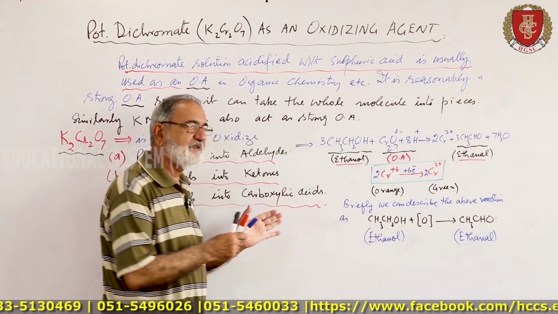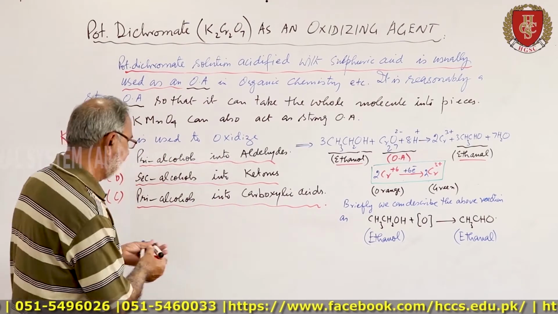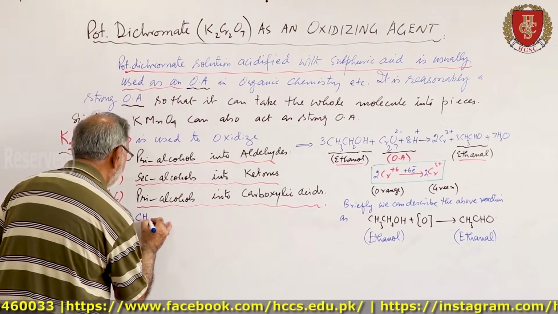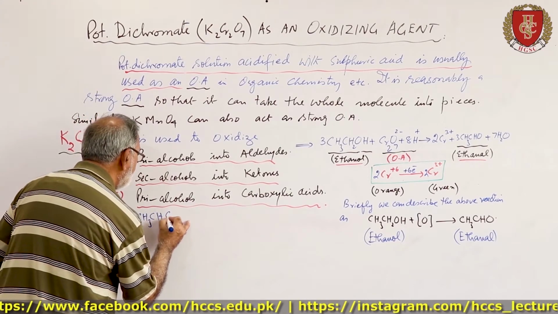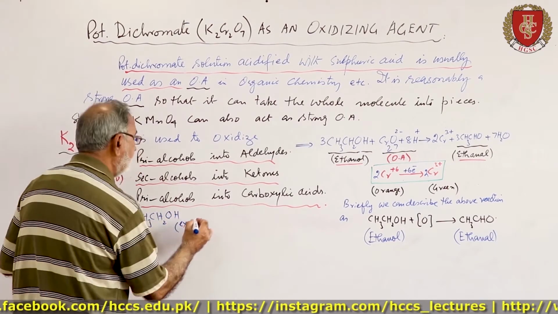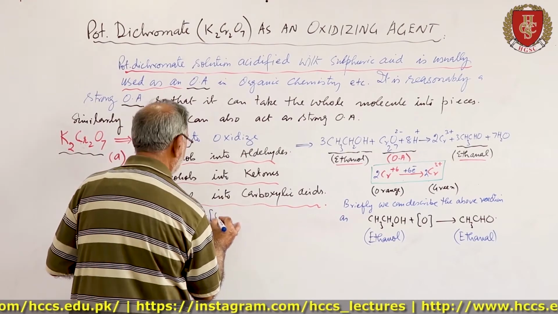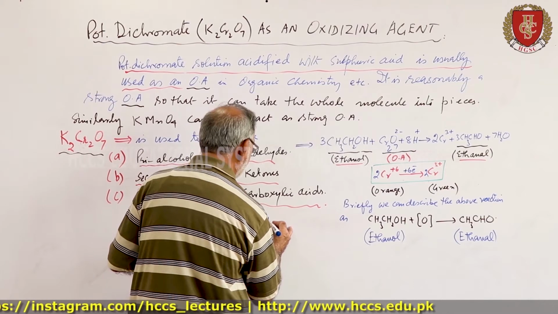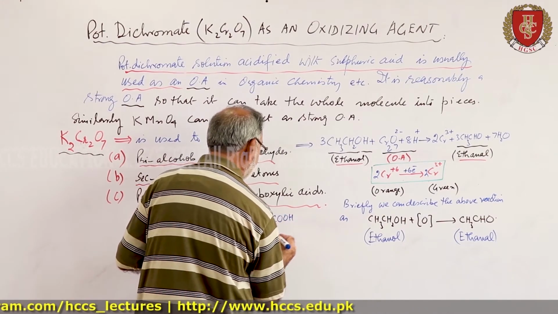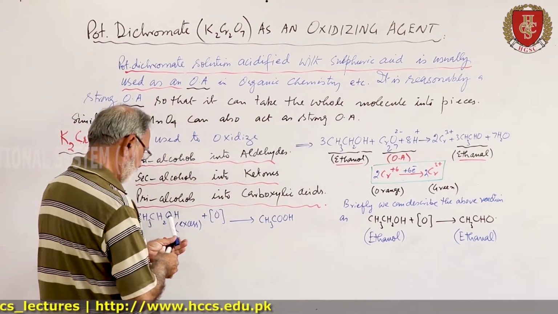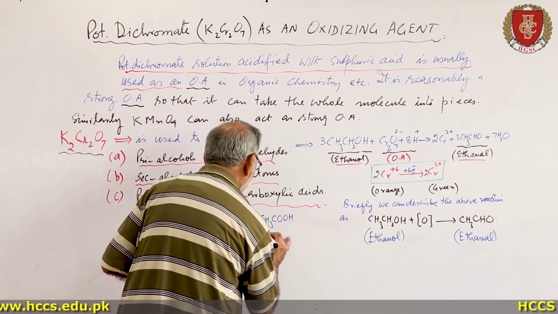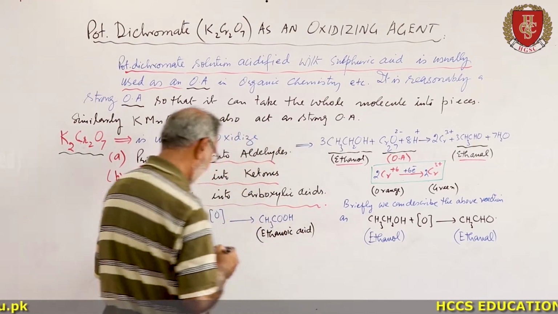But if the ethanol is utilized in excess, that is CH3CH2OH, and you treat it with the oxidizing agent, then ethanoic acid will also be produced. This is ethanol, this is ethanoic acid.